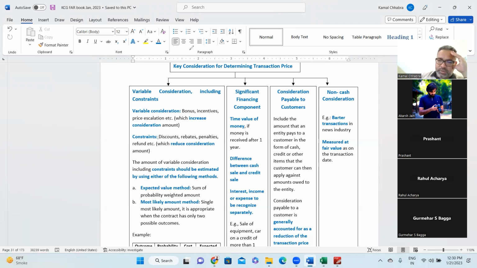So this $40,000 is the time value of money, basically, right?